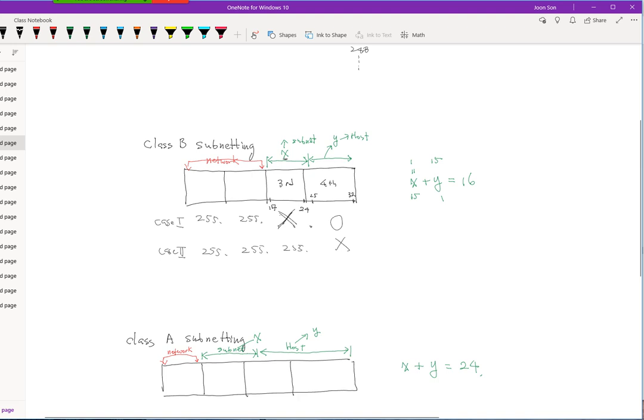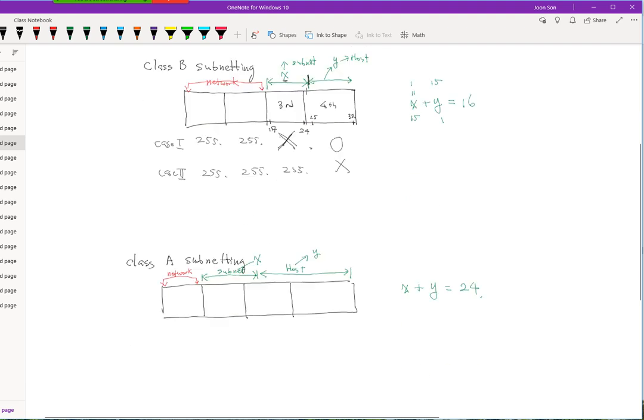Case 1 is when the boundary line ends within the third octet. So for case number 1, let me just redraw this one.